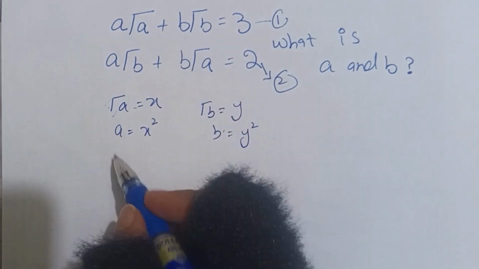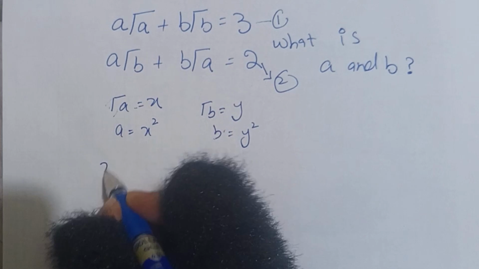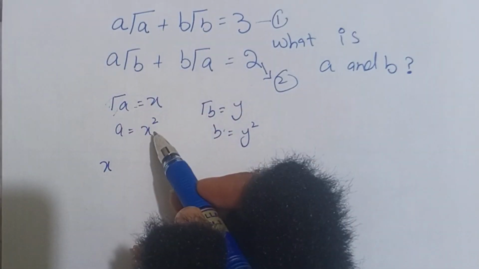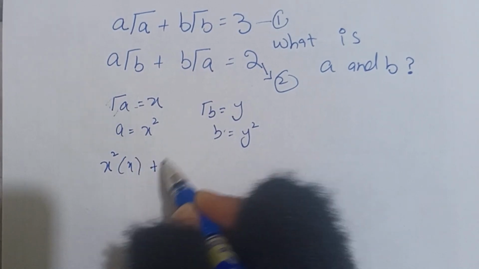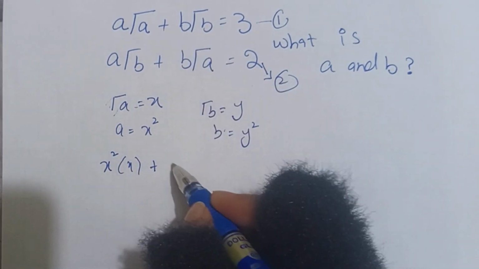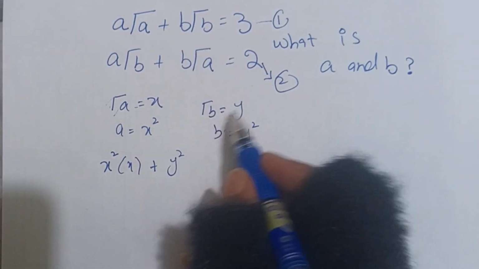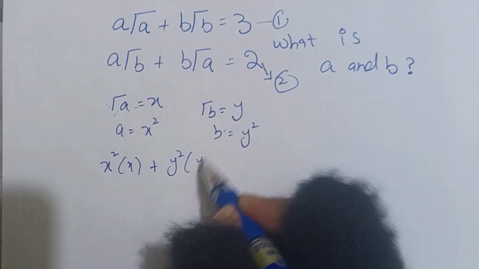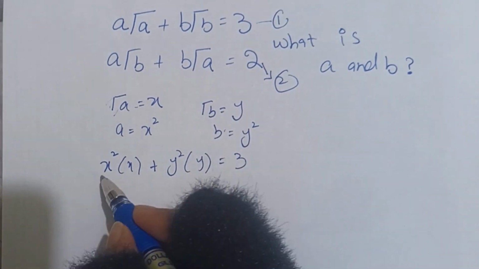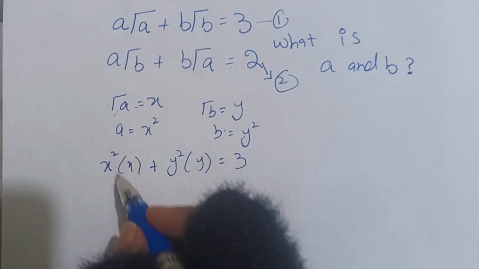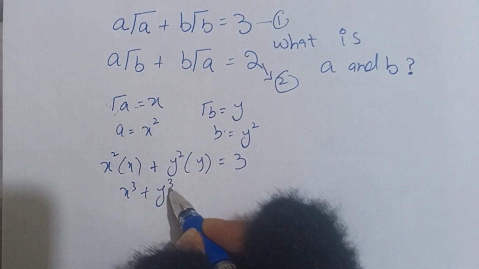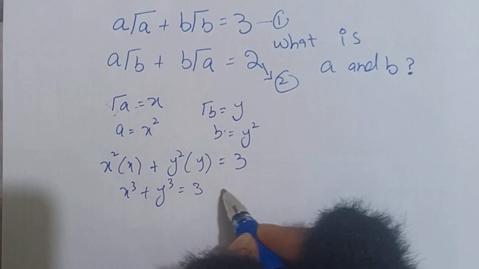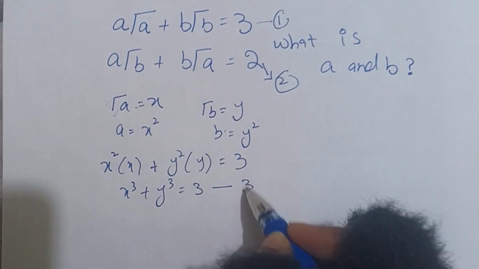So equation 1 will become: a is equal to x square and the square root of a is x, plus b is equal to y square and the square root of b is y, is equal to 3. So x square multiplied by x is x cube plus y square multiplied by y is y cube, is equal to 3. We call this equation number 3.